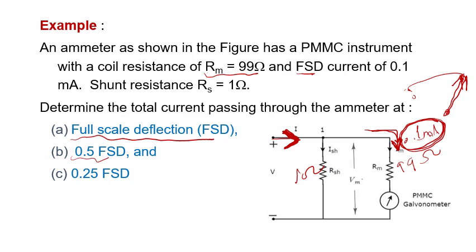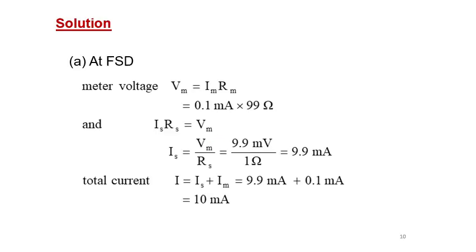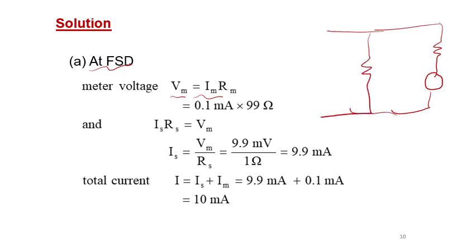And here 50% of the full scale deflection, or 0.5 of full scale deflection, and 0.25. So notice here, at full scale deflection, Vm equals ImRm. Remember, this is Rm, this is the PMMC. Here is Rs.